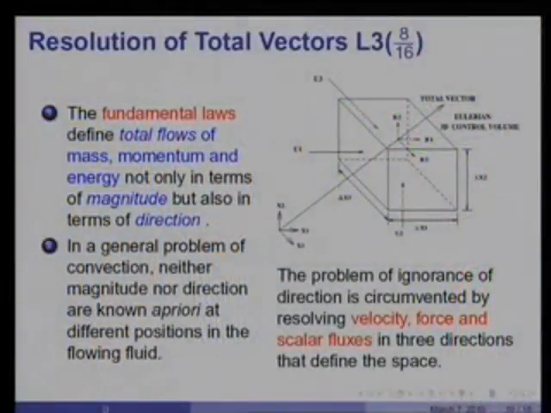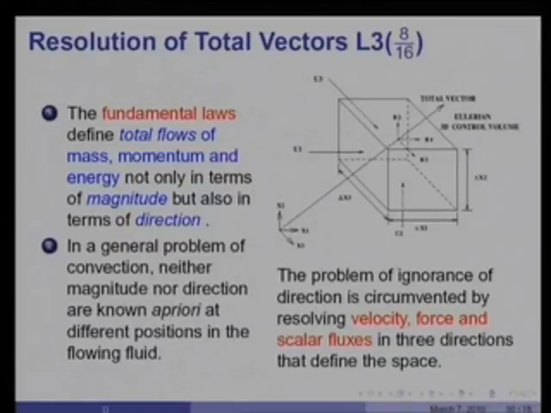Now there is still one more matter to be settled. The fundamental laws by themselves are pretty useless in many ways. Firstly, the fundamental laws apply only to total flows of mass, momentum and energy. They define total flows both in magnitude as well as in direction.